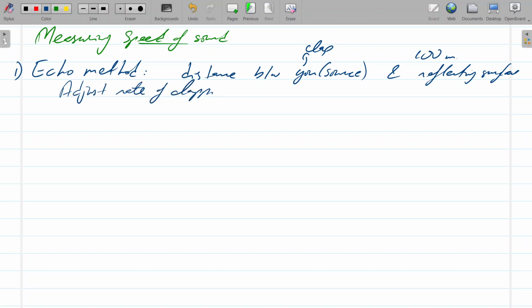Now, every time you clap, you're going to hear an echo. But what you want to do is adjust the rate of your clapping so that the echo joins with each new clap.